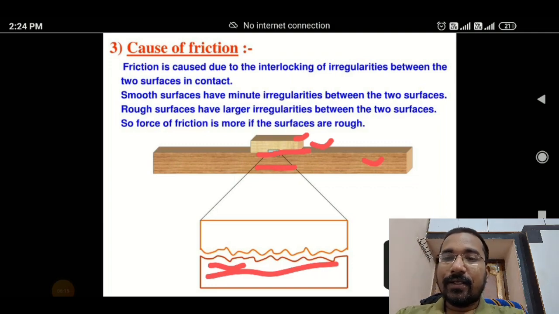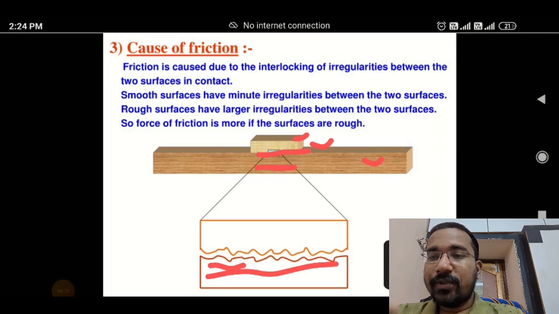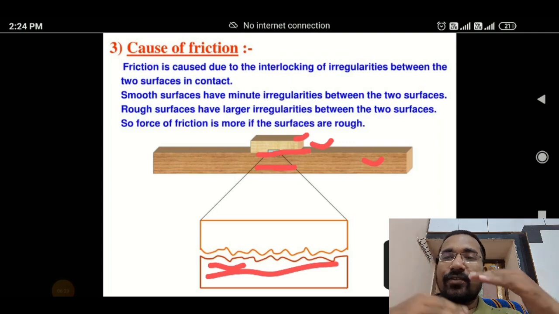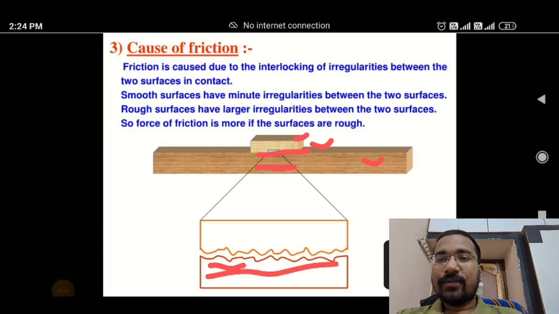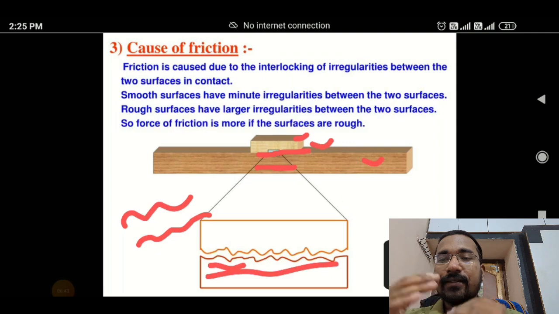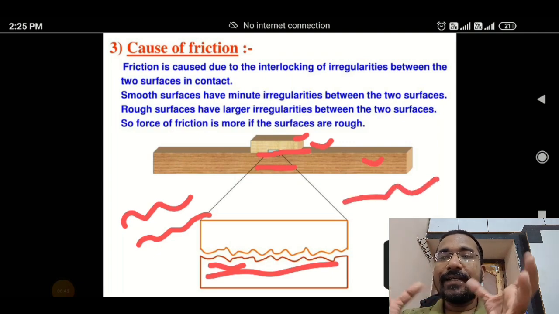Irregularities. Smooth surfaces have minute irregularities, meaning less irregularities. Rough surfaces have larger irregularities. So if there are minute irregularities, there is less interlocking, and if there are more irregularities, there is high interlocking.